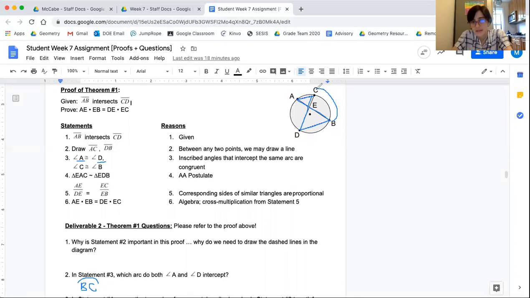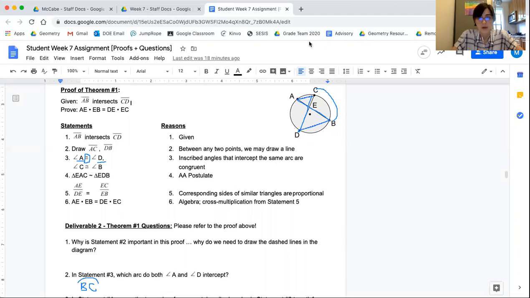So these inscribed angles, they're inscribed in the circle, intercept the same arc, so we know they have to be equal. If they intercept the same arc, they have to be equal. And here you see they're saying they're congruent, and the reason they know that is given: inscribed angles that intercept the same arc are congruent.